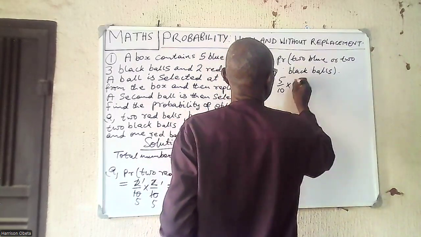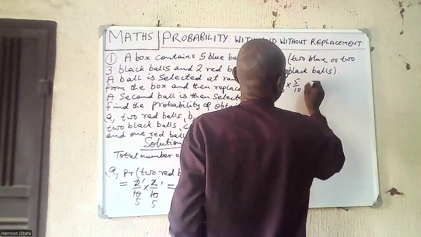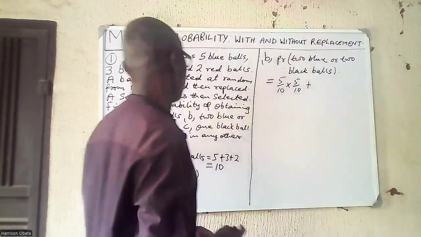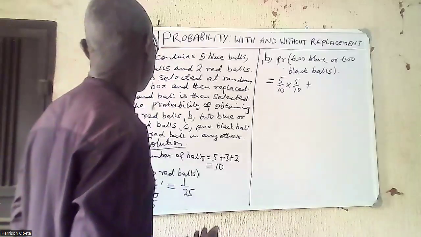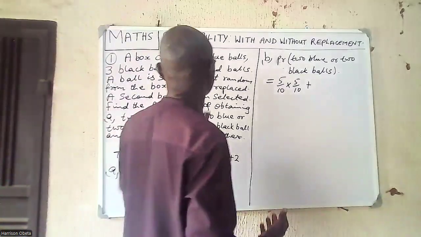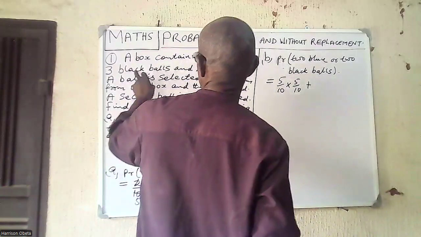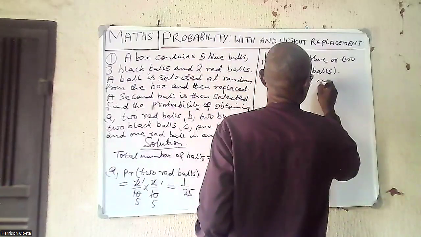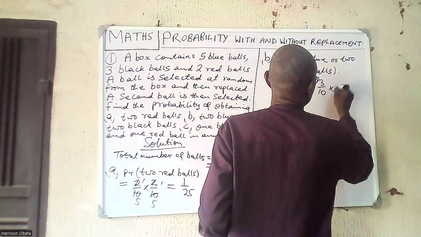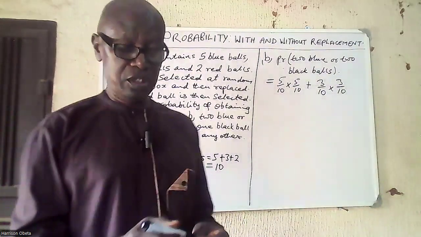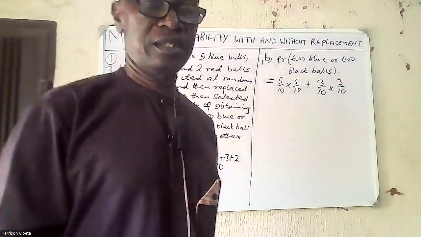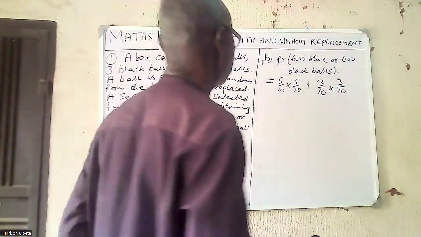And that is 5/10 times 5/10 plus, well, we are told that it's either blue or black. So black, how many? We have 3. That's 3/10 times 3/10. We are doing it like that because you will pick and replace, which means the number still remains the same.